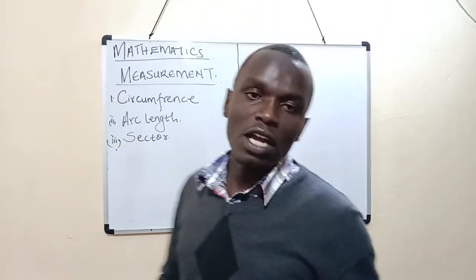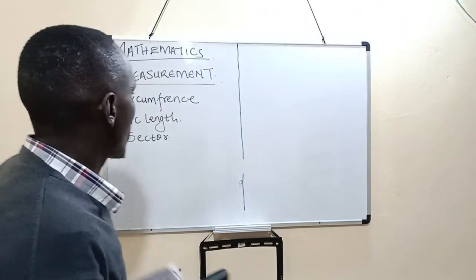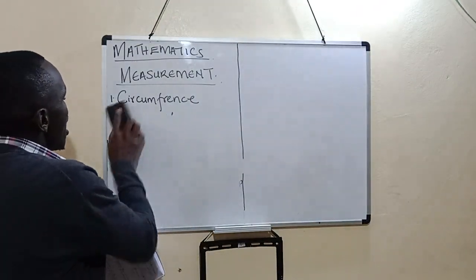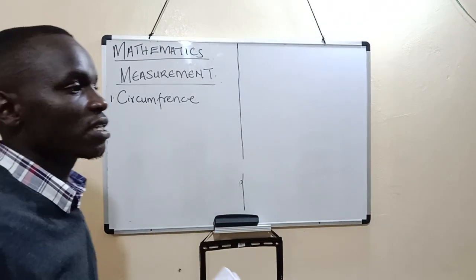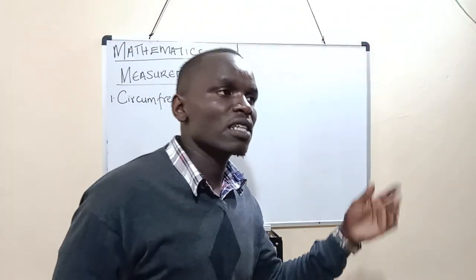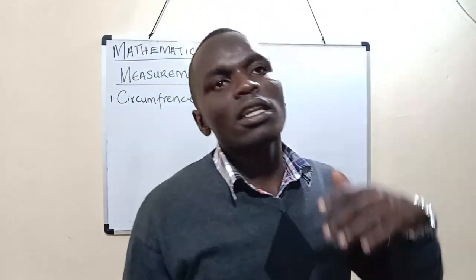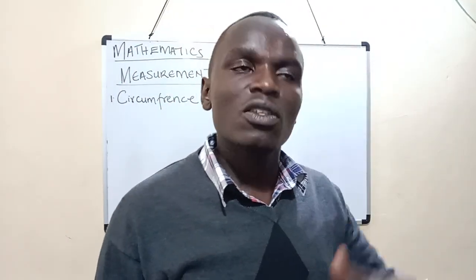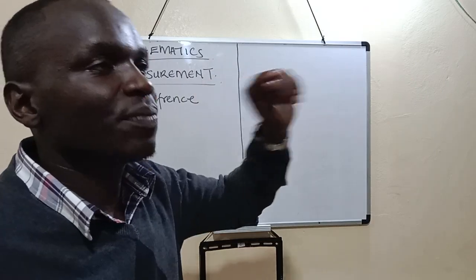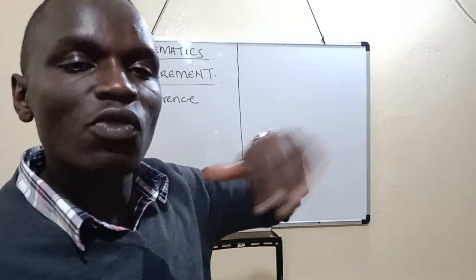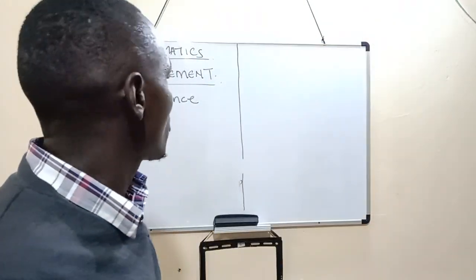We have to remind ourselves that in our previous grades, from grade 7, now we are in grade 8, and as we advance in these grades, you realize that we normally base our discussions on previous topics.